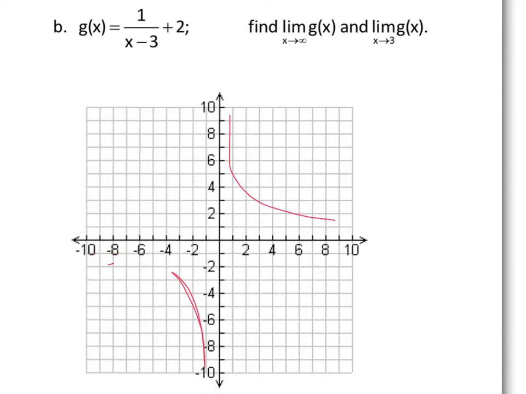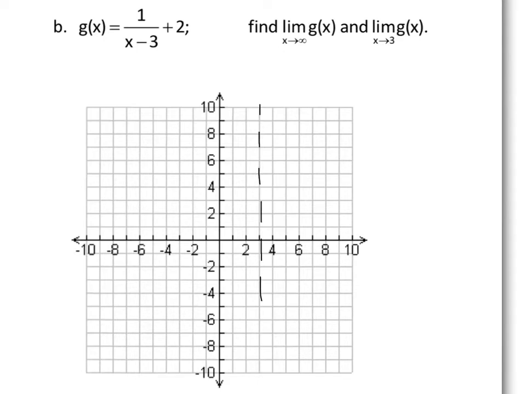So let me erase this and I'll show you the transition here. So we have an asymptote because of the minus 3. Remember, when it's inside, like this one is, because x has been replaced with x minus 3, that's a horizontal shift. And the minus indicates that we go to the right.